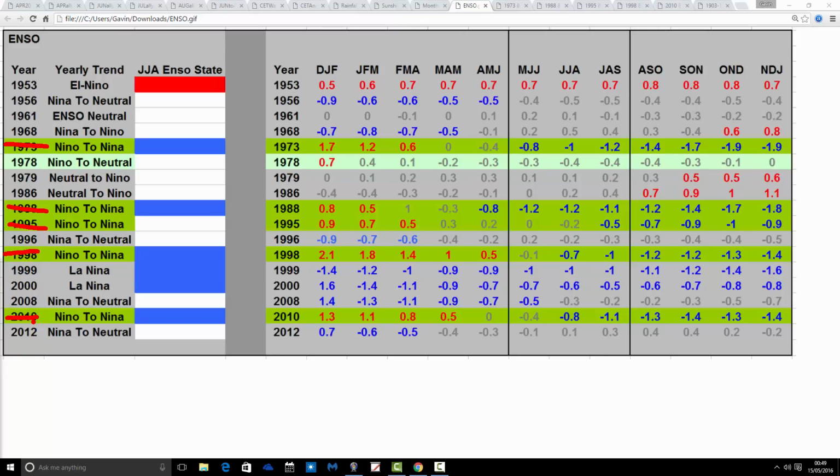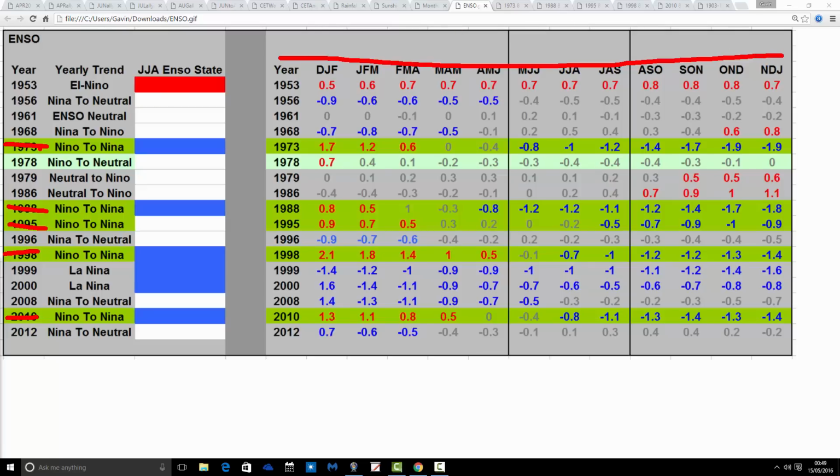Those were the years through those 17 that had lots of blocking over the North Pole, that also had the transition from El Nino to La Nina. And we can see from this part of the chart how those years developed.